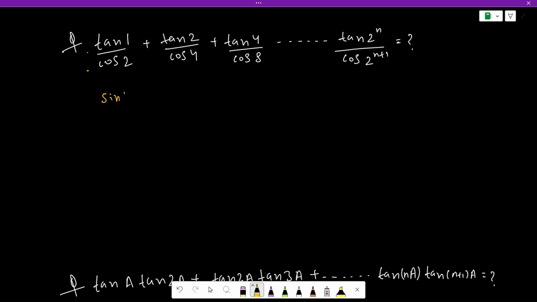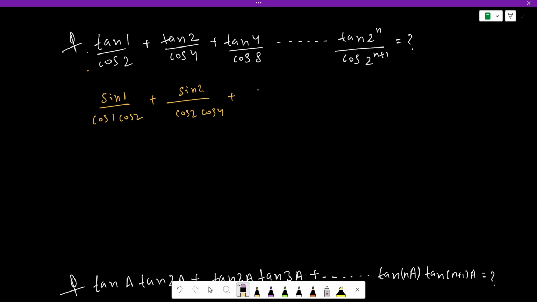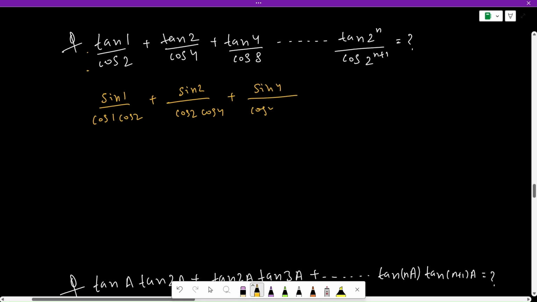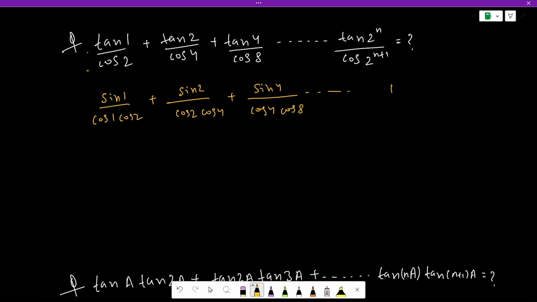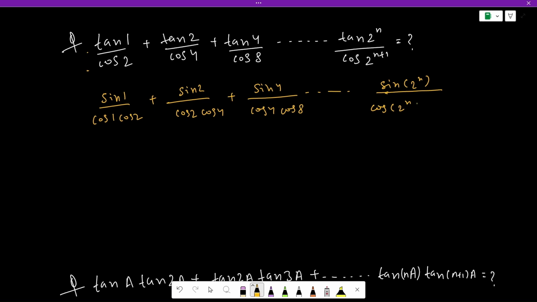So this will be sin 1 by cos 1 cos 2, plus sin 2 by cos 2 cos 4, plus sin 4 by cos 4 cos 8, and so on till sin 2 to the power n divided by cos 2 to the power n cos 2 to the power n plus 1.